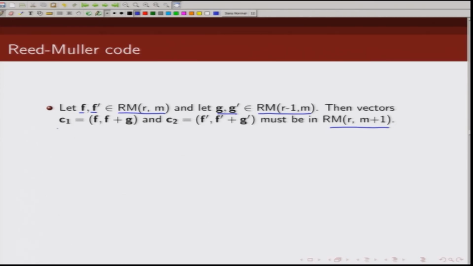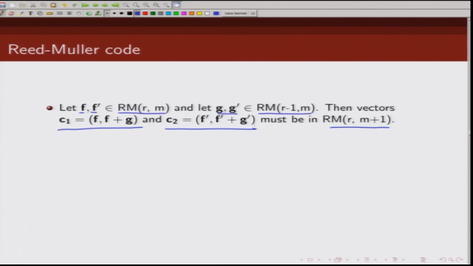So, these code words C1 and C2, which are of the form f, f plus g, and f', f' plus g', must be code words belonging to this Reed-Muller code. And this follows from our recursive construction of Reed-Muller code, which we just mentioned.